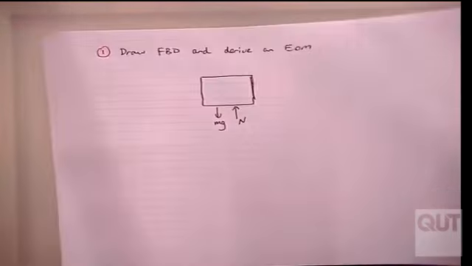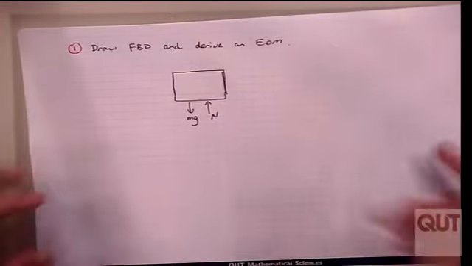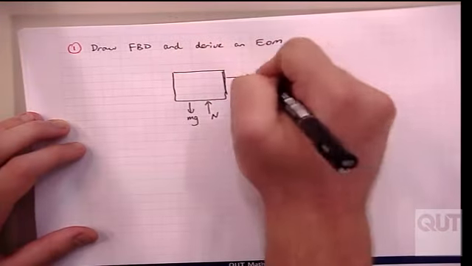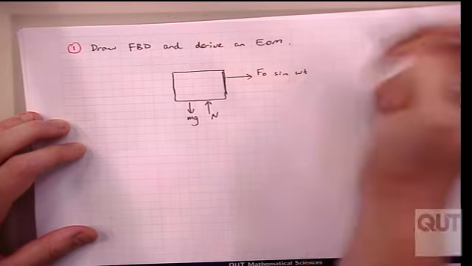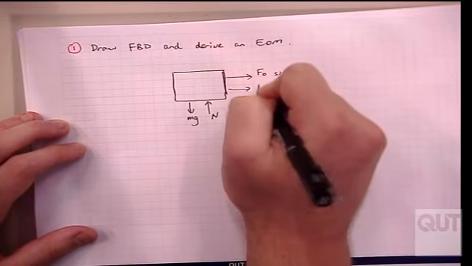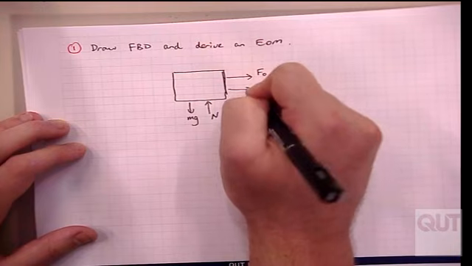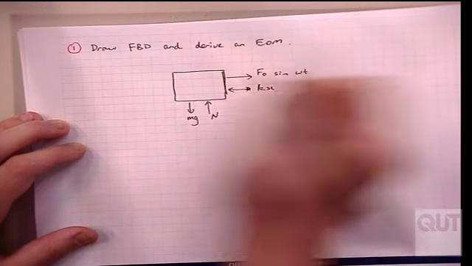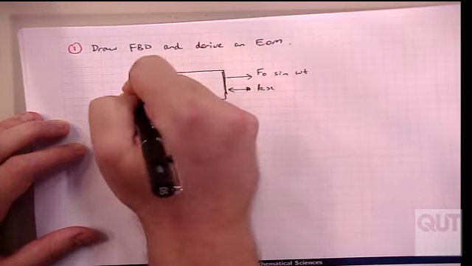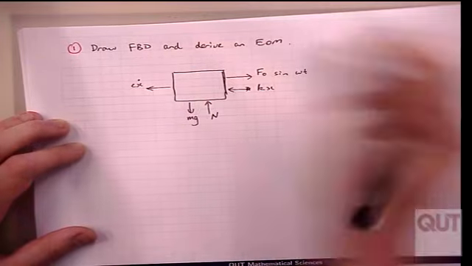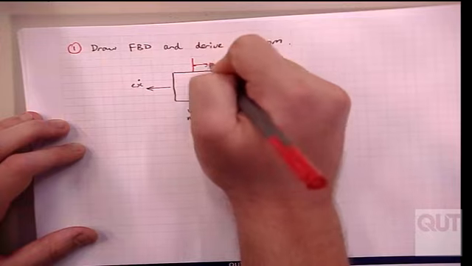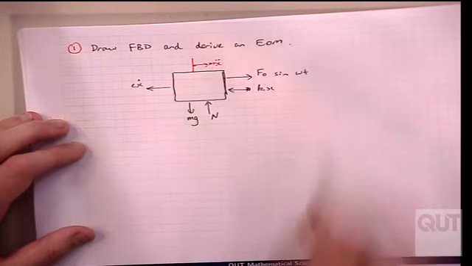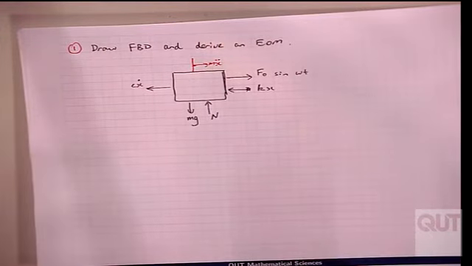What sides were these connected to? So that's what our free body diagram looks like.